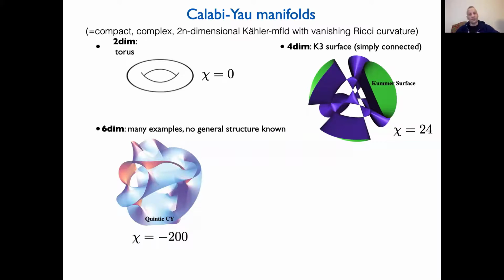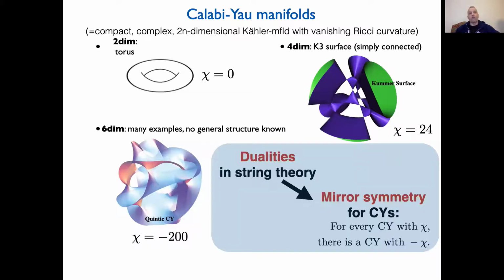Even more interesting, the notion of those string dualities I mentioned earlier on give us a lot of interesting mathematical conjectures about how those mathematical objects should be related. And some of those most interesting conjectures are still open.